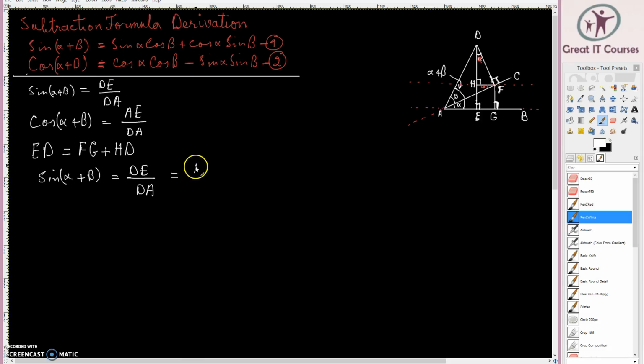So this is equal to FG plus HD divided by DA, and so this would be equal to FG divided by DA plus HD divided by DA.